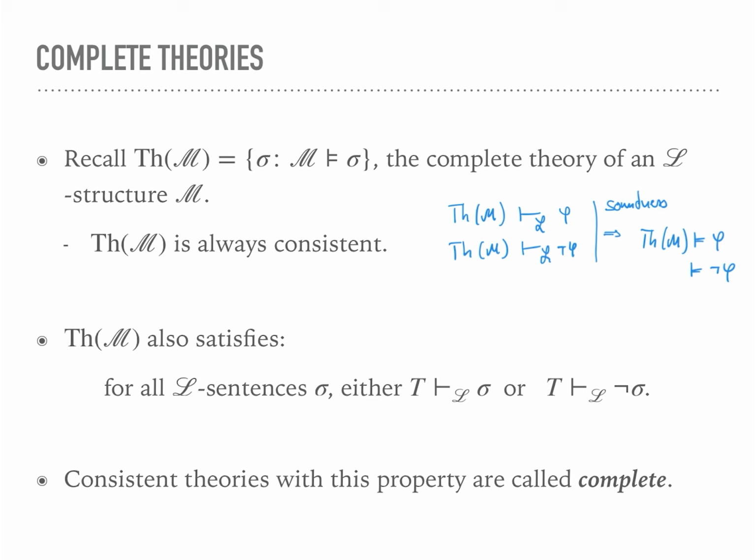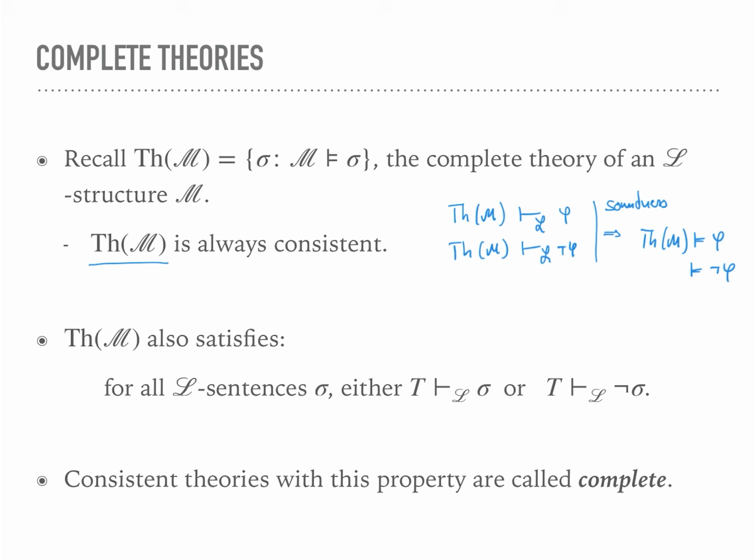Besides being consistent, the theory of a structure also satisfies the following. For all L-sentences sigma, we have either T proves sigma or it proves not sigma. And the reason for this is simply that the theory of M does this with respect to logical implication, right?